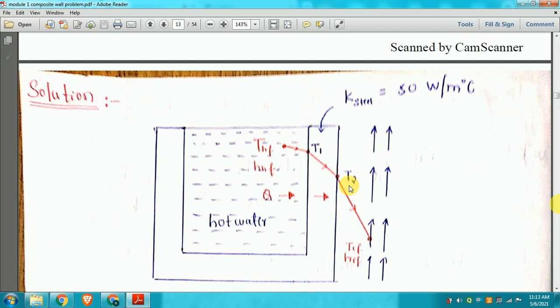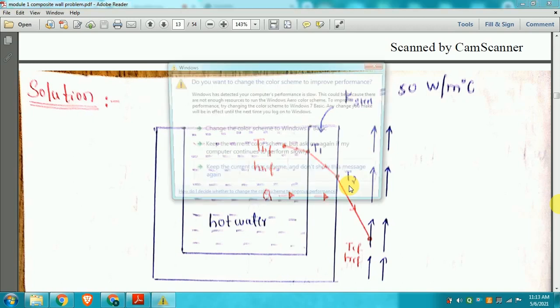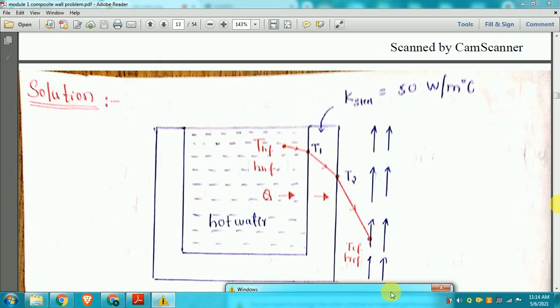From the hot tea, the inside wall surface gets heated. That is convection, initially convection. Then through the thickness, from this temperature to this temperature, it is conduction. So we are considering that the fluid is at temperature THF and this inside surface is at temperature T1. The outside temperature of this surface is T2. So they have asked to find T2.